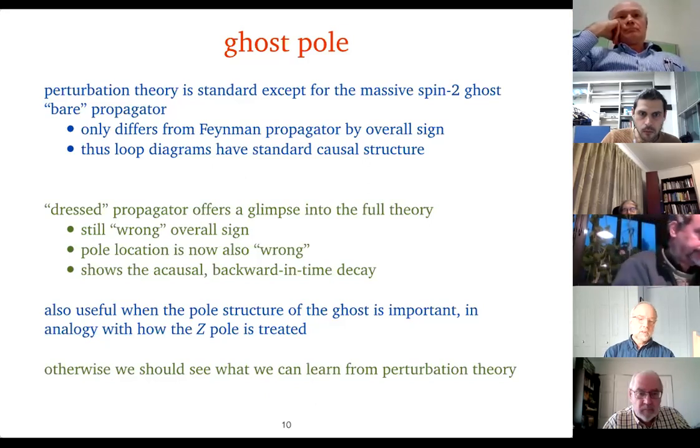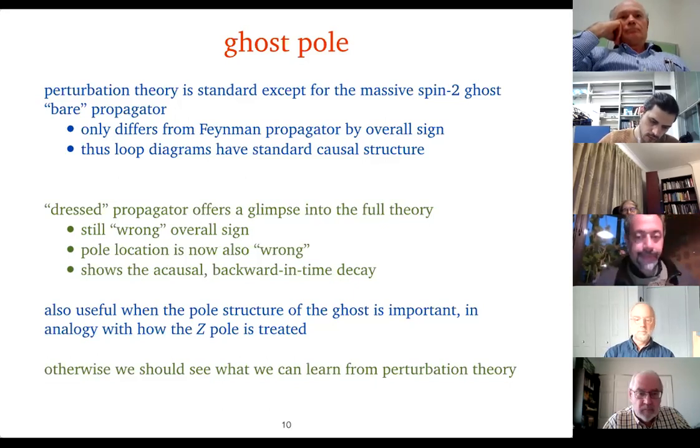It's also useful when the pole structure of the ghost is important, in analogy with how the Z pole is treated, for example, in some e+e- into Z type process, and you're sitting close to the Z pole. But otherwise, we should see what we can learn from this naive Stelle perturbation theory.